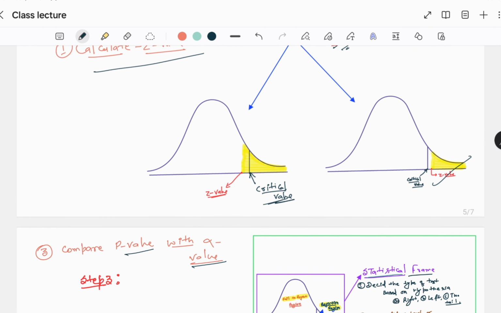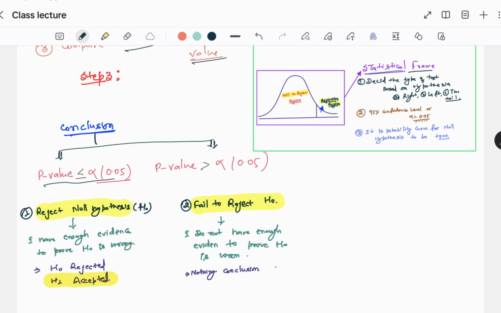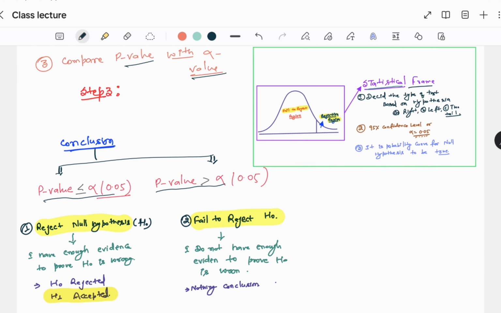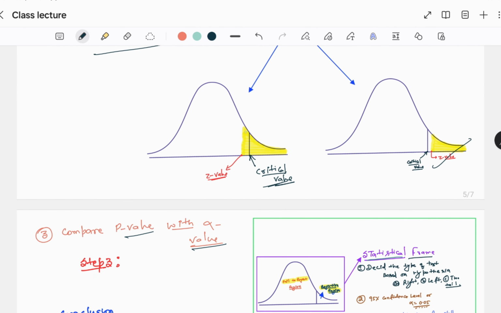This whole structure is about the null hypothesis, so that's why we are talking about the null hypothesis. If our p-value is greater than alpha, in this case this p-value, the yellow shaded area, is greater than the alpha. That means our data is only in this region, not going into the rejection region.